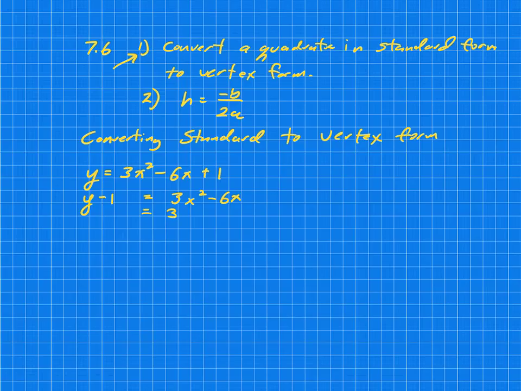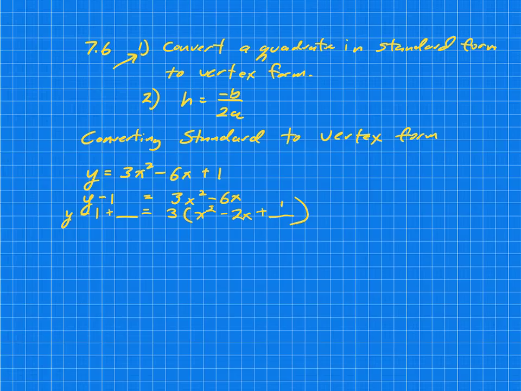And we get 3. Inside we get x squared minus 2x plus something. And over here we have y minus 1 again plus whatever we add to the other side. So in this case we have a minus 2. We're going to divide it by 2 and then square it. Minus 2 divided by 2 is negative 1. Negative 1 squared is just a 1.